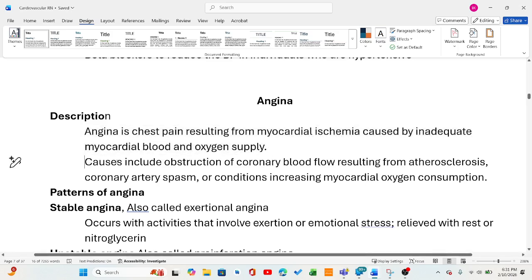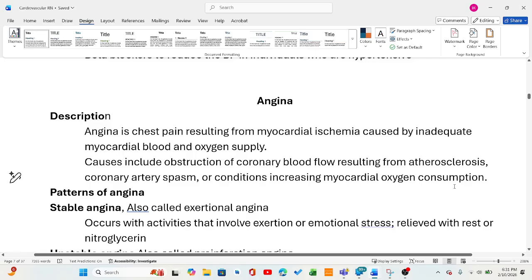So the major cause is obstruction to the coronary blood flow, and one of them is atherosclerosis, and then also coronary artery spasms. So when it is spasms, we have to use the calcium channel blockers to stop the spasms. And when there is an increase in myocardial oxygen demand, this can also cause the angina.